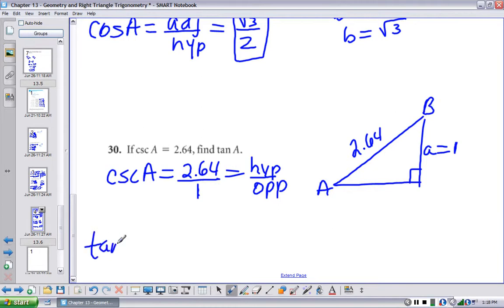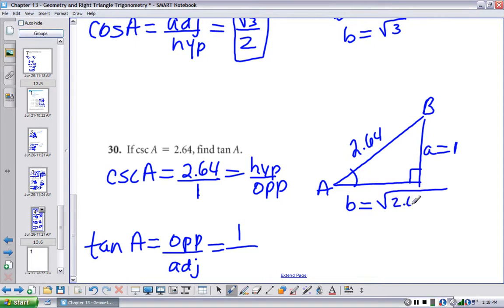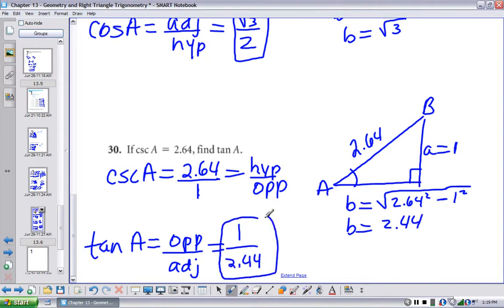We need to find tangent A, which is opposite over adjacent. So the opposite is 1. What is the adjacent? This is B. Well, B is the square root of the hypotenuse squared minus that leg squared. So B is 2.44. So tangent A is 1 over 2.44.